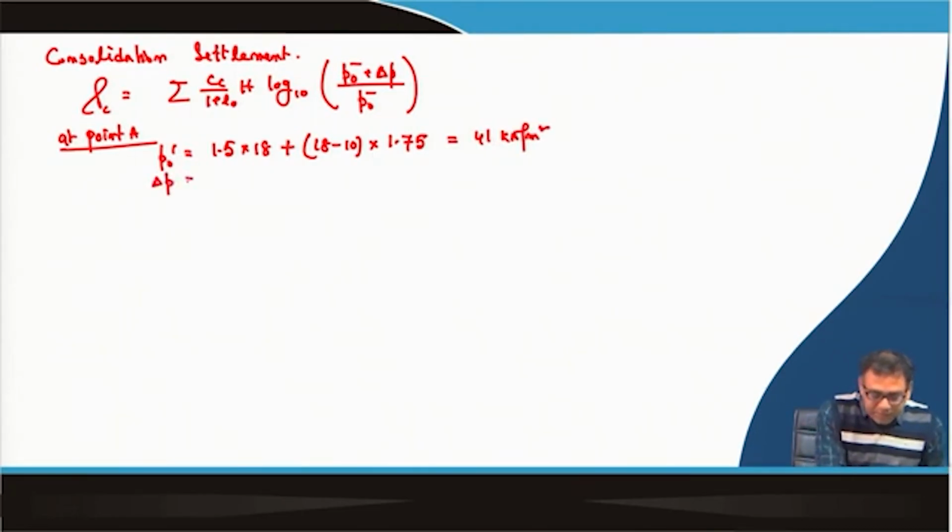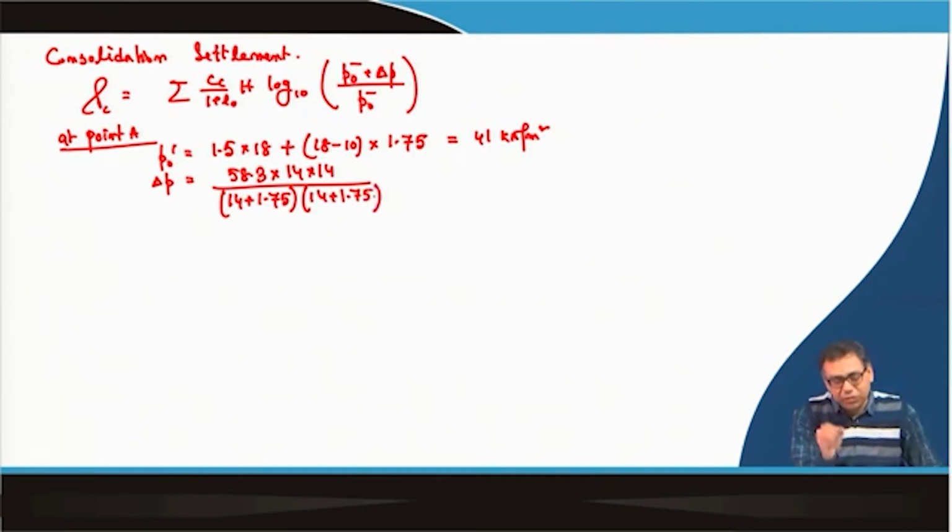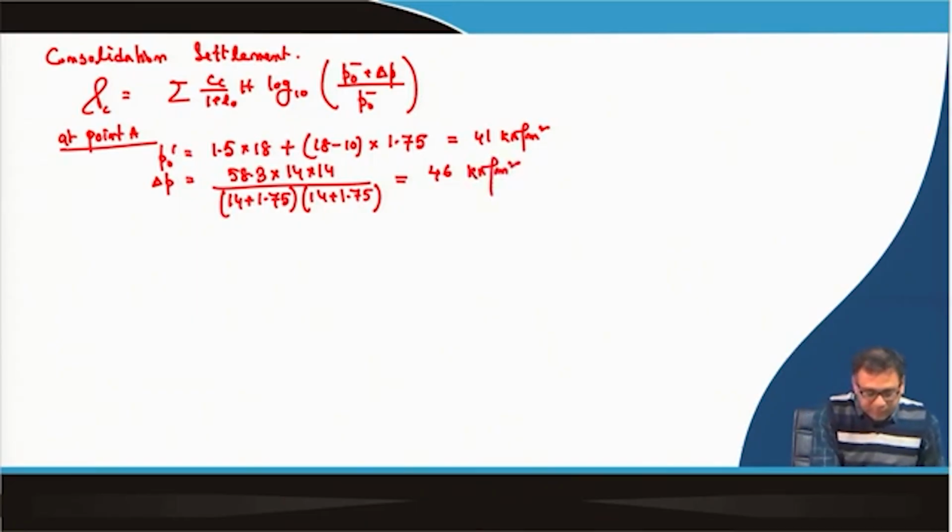So, del P, I have taken 1:2 distribution. So, del P is 58.3 into 14 into 14 divided by 14 plus 1.75 whole square, because we have taken 1:2 distribution. So, this is 46 kilonewton per meter square.